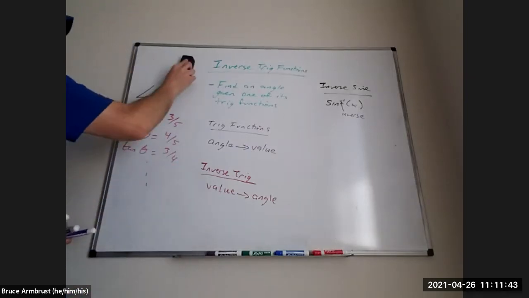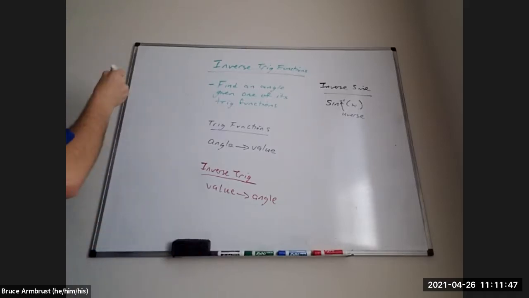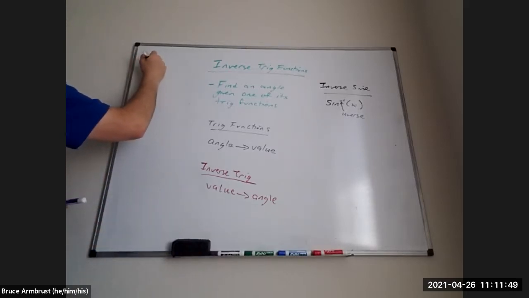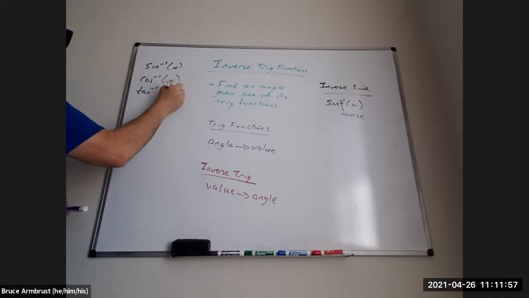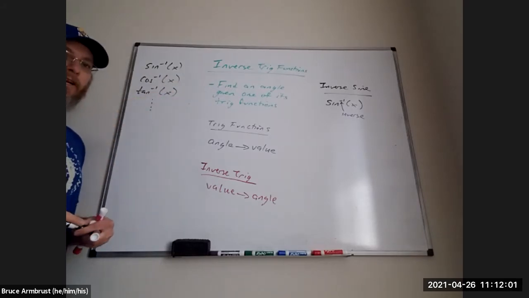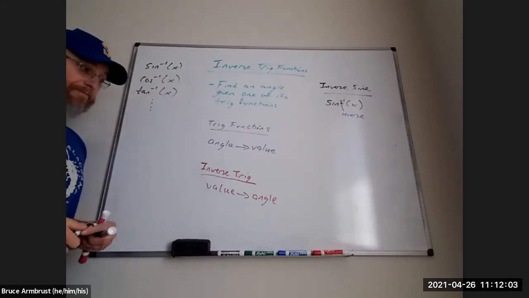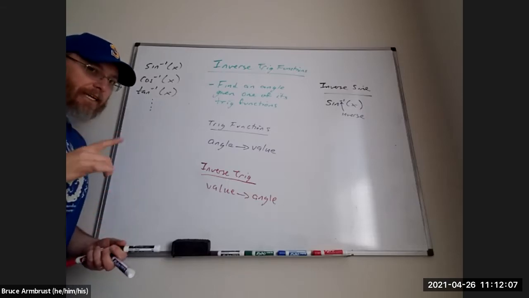All right, so let me just go ahead and make a list here. This is what you're going to see for the inverse functions. You're going to see sine inverse, so sine -1, cosine inverse, tangent inverse, and so on and so forth. But we'll concentrate on the big 3. So this is the notation that we're going to use. And this should kind of make sense.